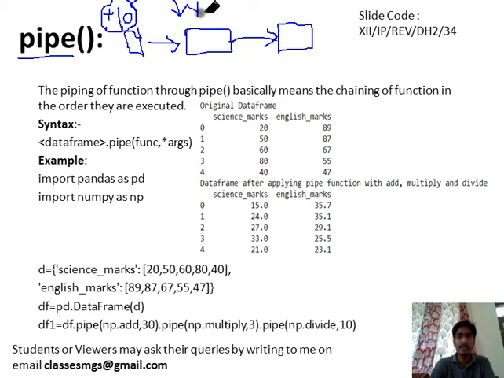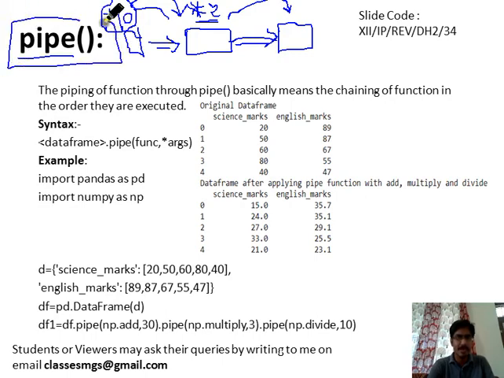Let's suppose this operation is multiplication by 2. The output that we get after adding 10 will be multiplied by 2, and this output will further act as an input to some other function. So this acts as a pipeline. This is how the pipe function works.